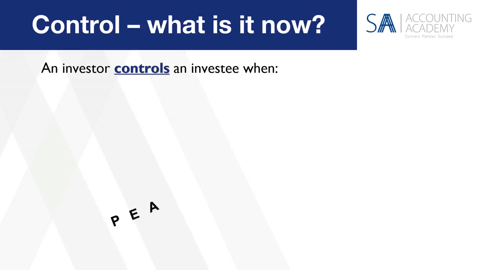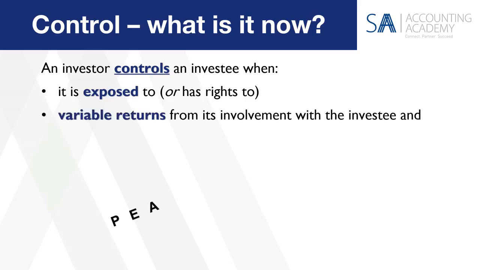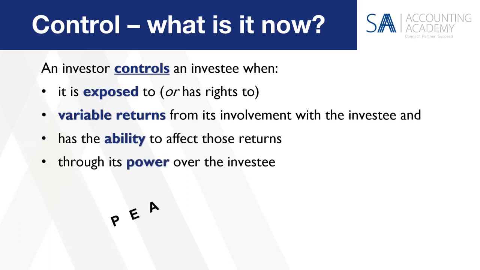The concept of control has been built out, and those attendees that also attended the webinar on IFRS 10 will remember that an investor controls an investee when it is exposed to, or has rights to, variable returns from its involvement with the investee, and it has the ability to affect those returns through its power over the investee. So you can see that there's been significant elaboration on the definition of control.